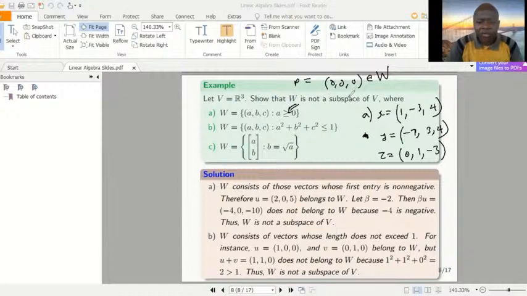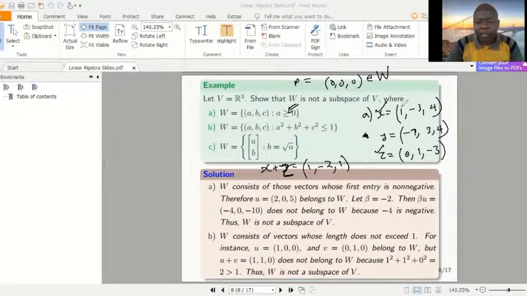So I want to check if closure under addition will be satisfied. Suppose I take X and Z and add them. What will I get? I'll get 1, I'll get -2, I'll get 1.